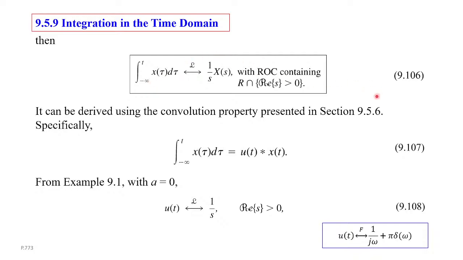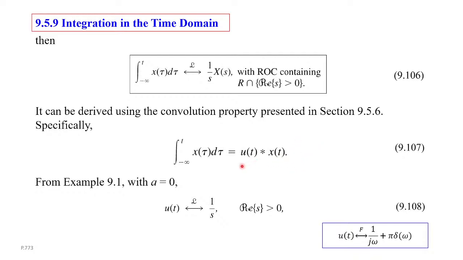And we can derive this using the convolution property we talked about before. How this works is that this integration from -infinity to t of x of tau d tau can be thought of as the convolution between u of t and x of t.